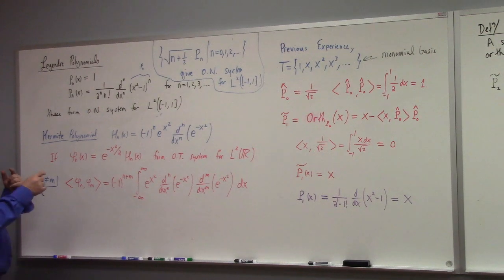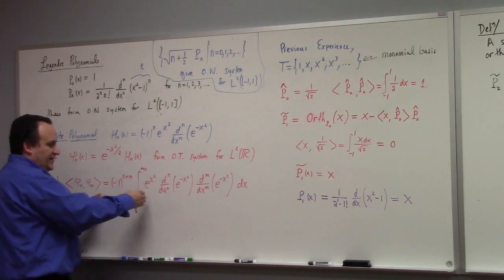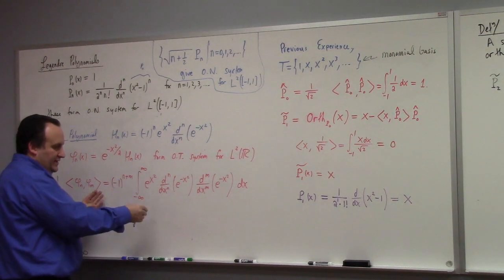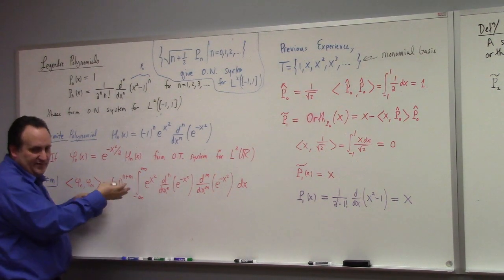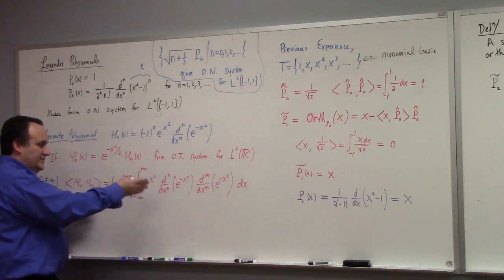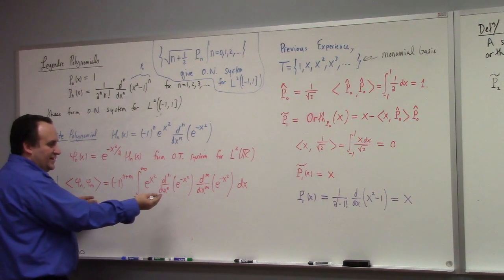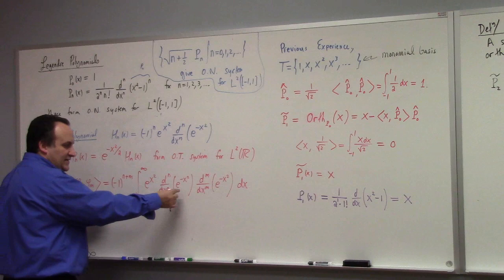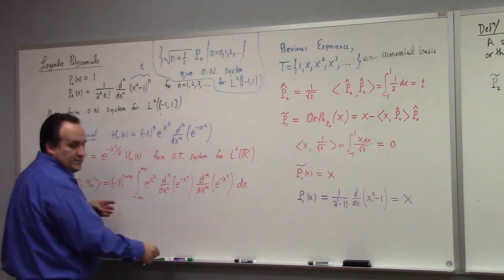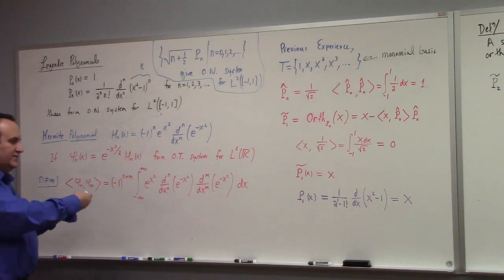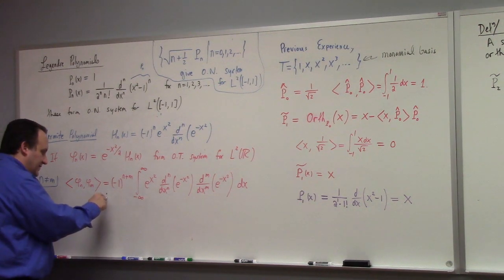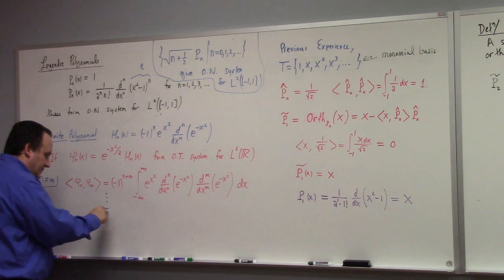So you're going to have terms outside which get evaluated from minus infinity to infinity, in the sense of course of the limiting process, right? But as you do the integration by parts, you end up evaluating these functions from minus infinity to infinity, which then are 0. So through repeated integration by parts, which, if I had more time and energy, I would try to do, I'll just say that this gives us 0.